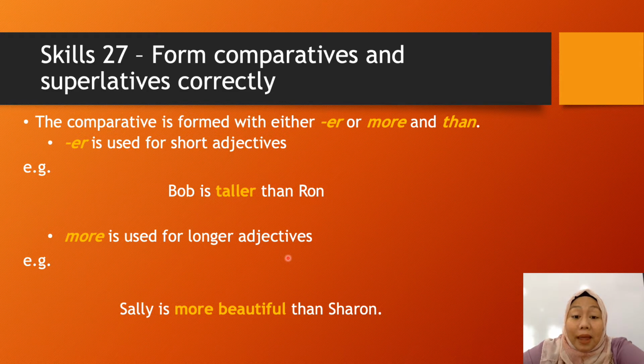And then to compare, this is the example in a sentence. Okay, so Sally is more beautiful than Sharon. Okay, so you compare Sally and Sharon. Okay, and Sally is more beautiful than Sharon.